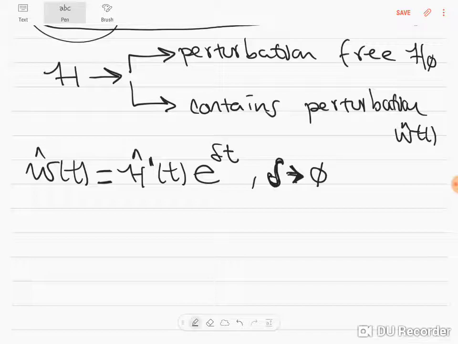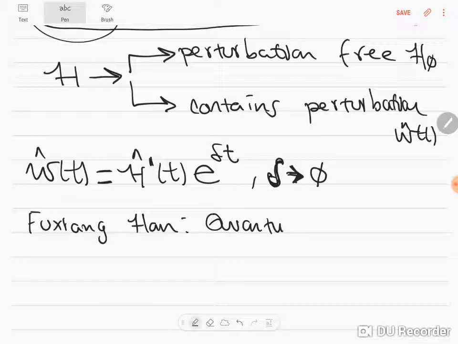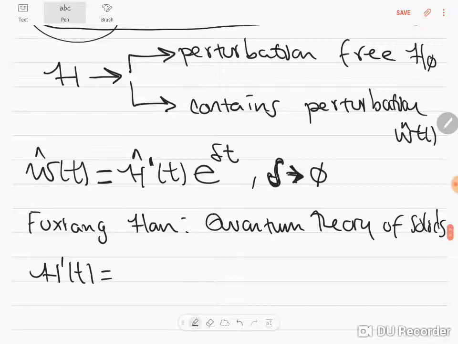And then, following Fu Xianhan, the author of Quantum Theory of Solids, we write H prime of t in the following form.